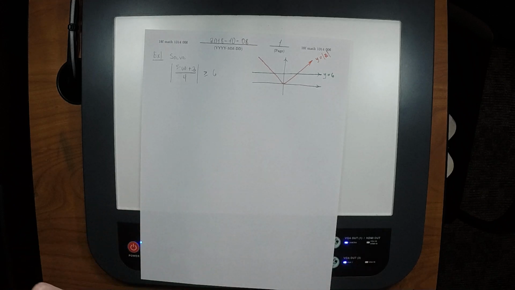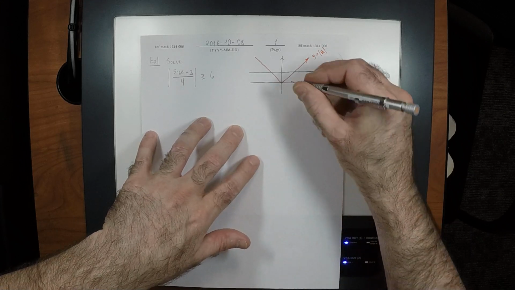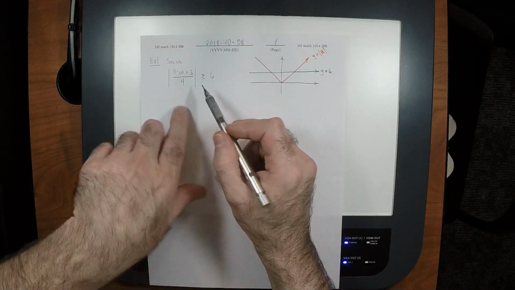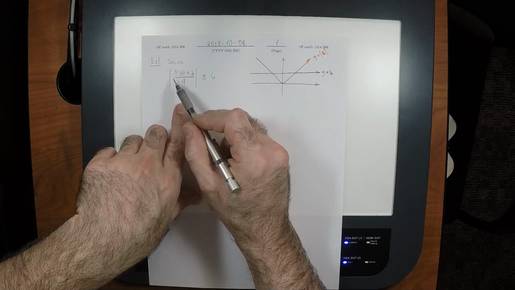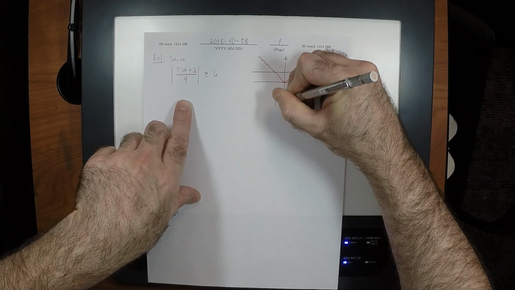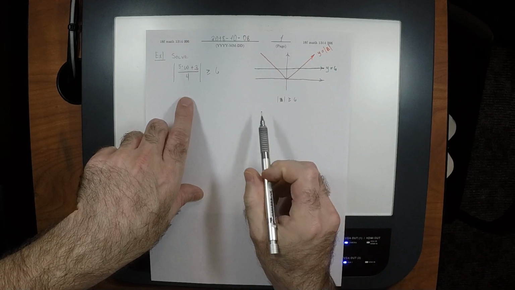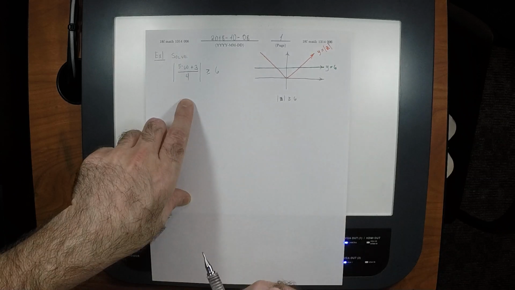And so what I want you to observe is that in this view, I'm representing all that stuff that is in there as a z, and the inequality is reading like absolute z greater or equal to 6. And I split it into 2 parts.